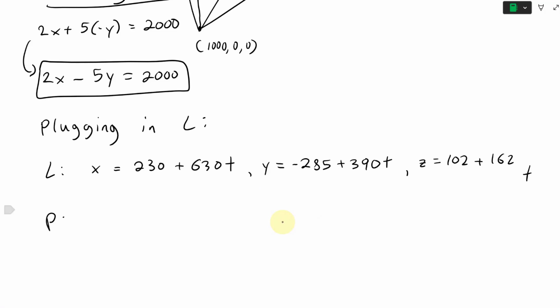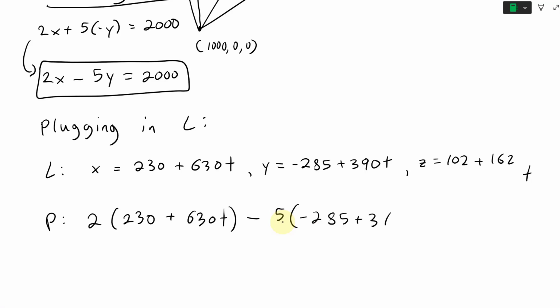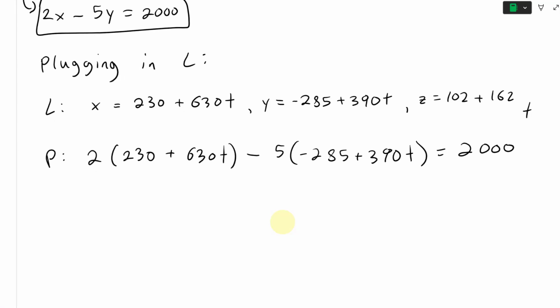So we get plane P: 2 times (230 plus 630T), and then negative 5 times (negative 285 plus 390T) equals 2000.